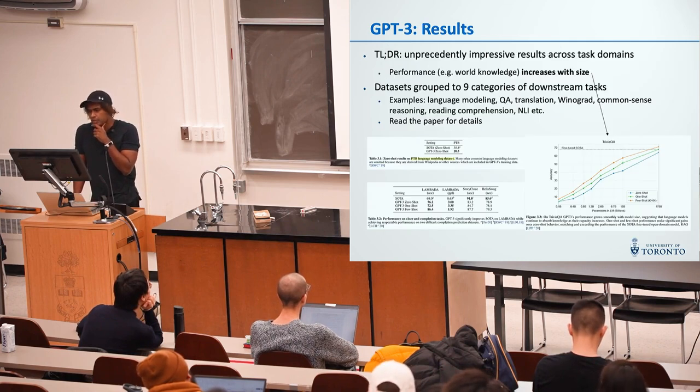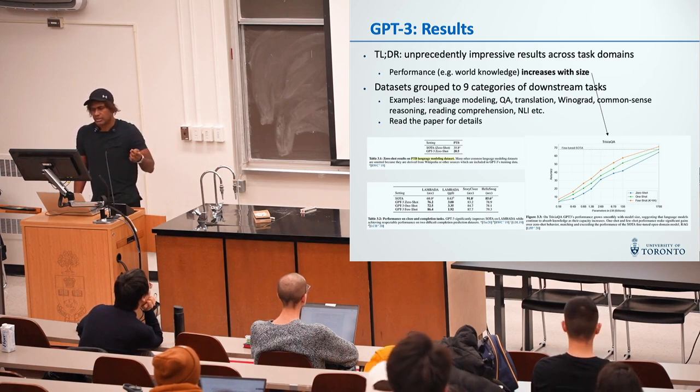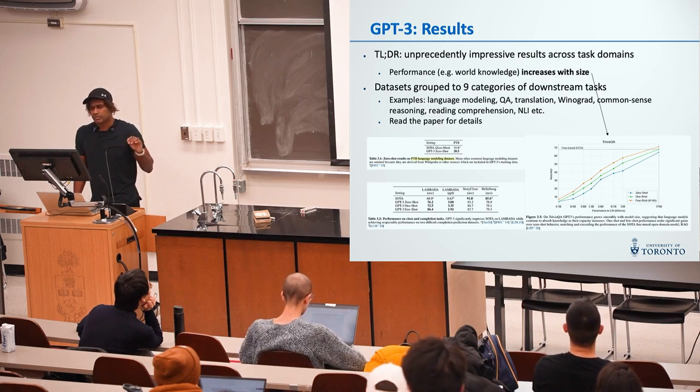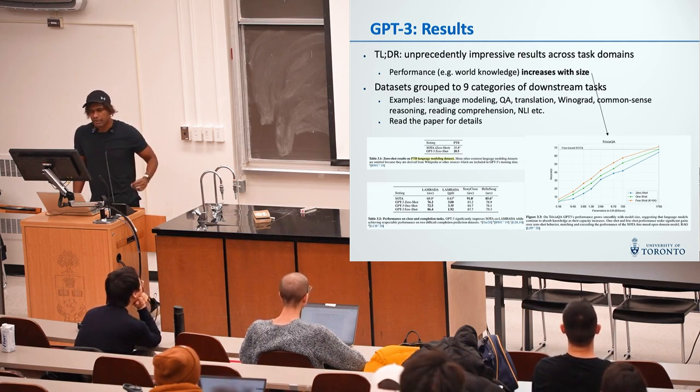In terms of results, there are a lot of results on different tasks and data sets, but if you distill it, the main two key points are unprecedentedly impressive results across different task domains, generalization, and that performance generally increases with size. If you increase the size, the performance goes up, and you see emergent abilities like in-context learning.